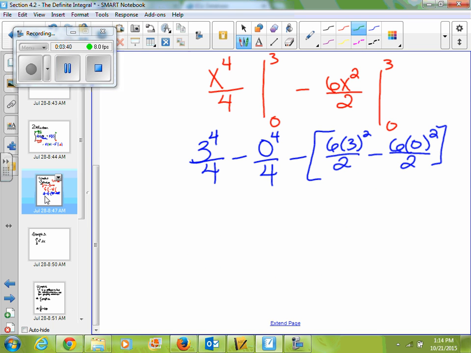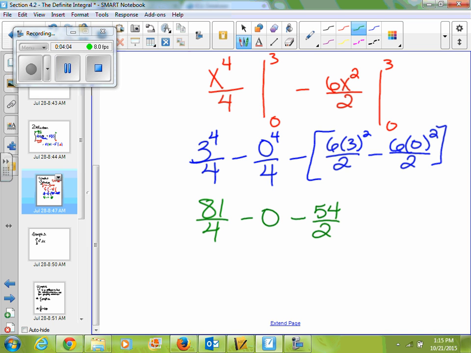Then if I keep simplifying, 3 to the 4th is 81, so I get 81 divided by 4. 0 to the 4th is 0, so 0 divided by 4 is 0. If I distribute my minus, I get minus 3 squared is 9, and 9 times 6 is 54 divided by 2.